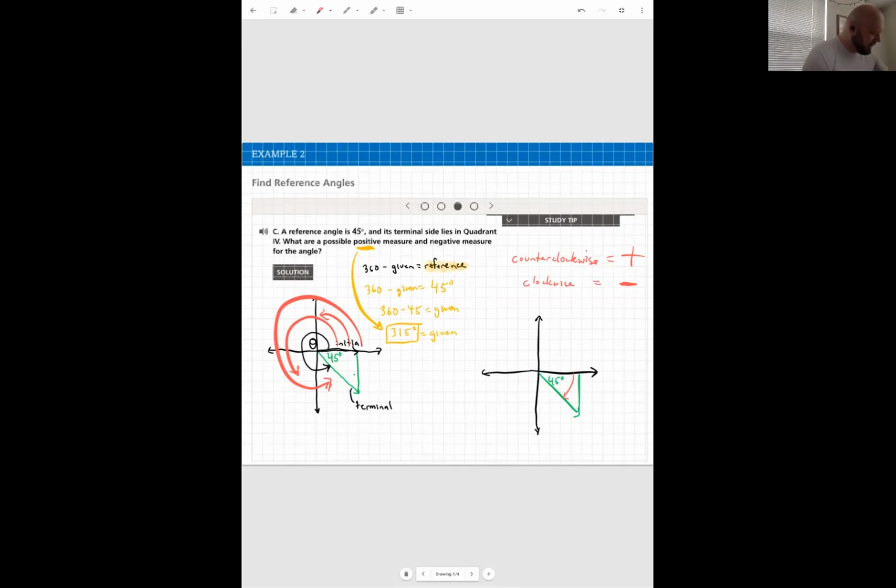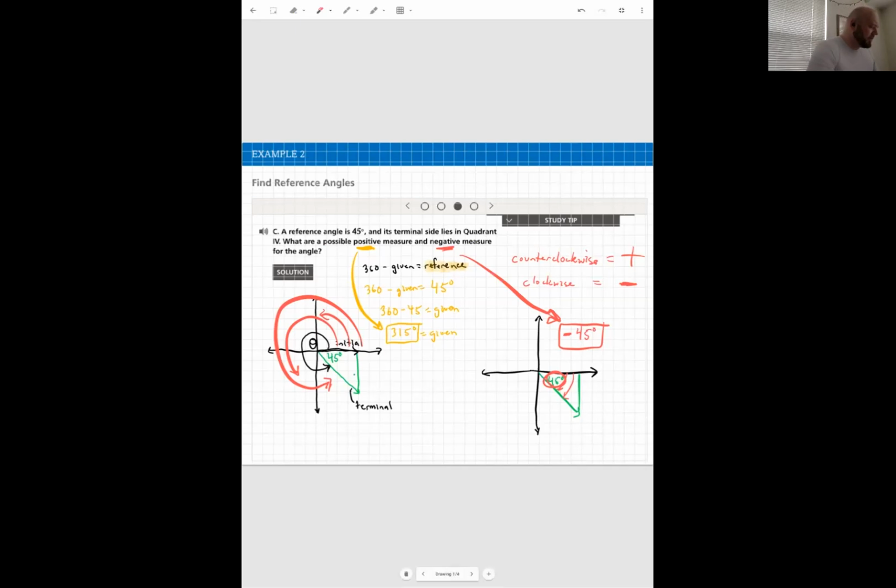Well, it should be really obvious. This angle in here is the 45 degrees. But because I'm moving in a negative direction, this has to be a negative 45 degree angle. So our negative answer is negative 45 degrees.